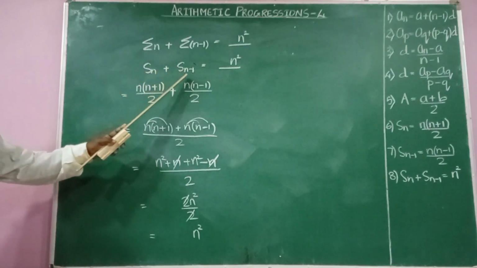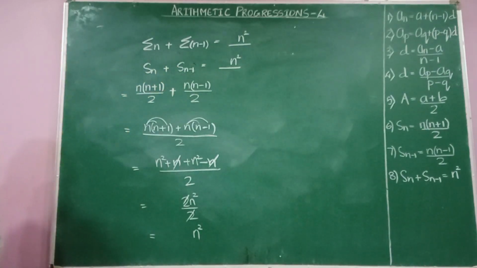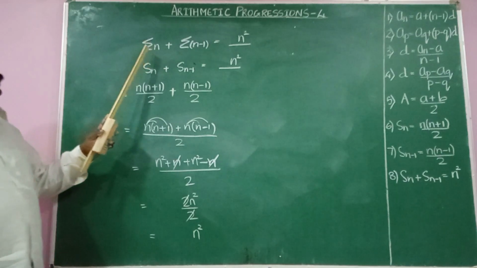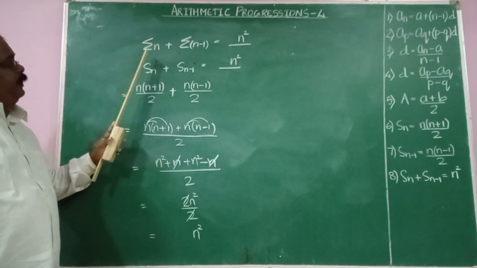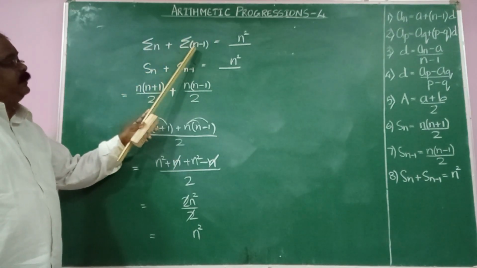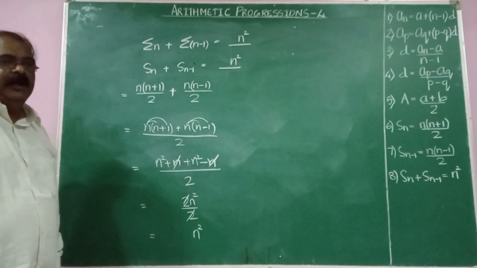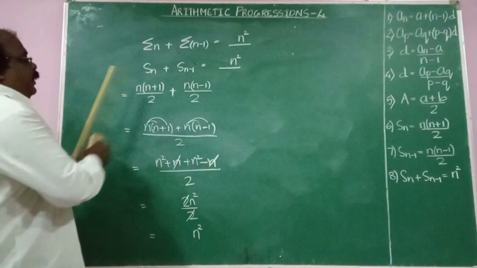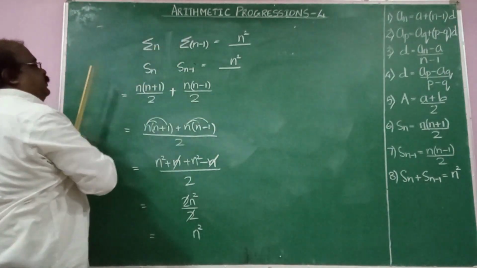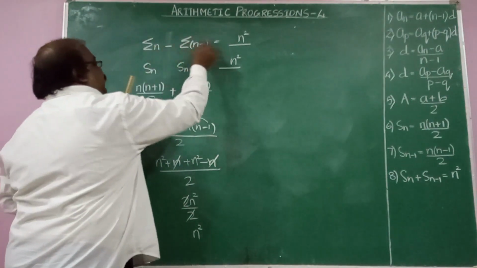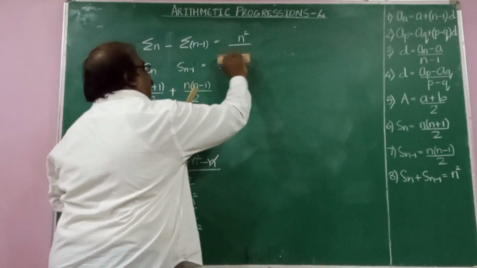It can also be written as sigma n plus sigma n minus 1. What is sigma n plus sigma n minus 1 equal to? N square.